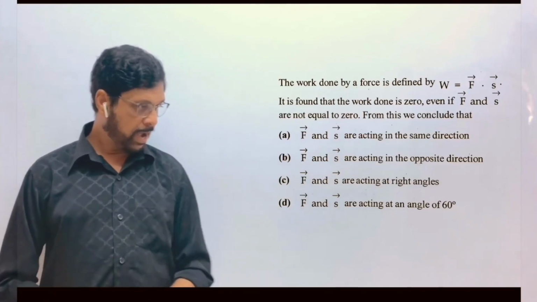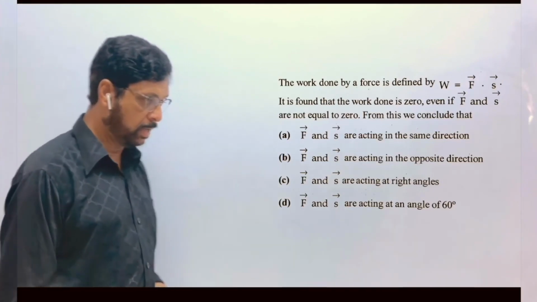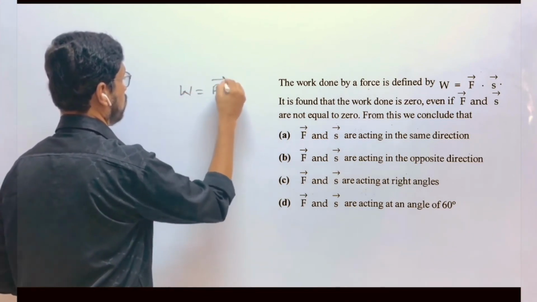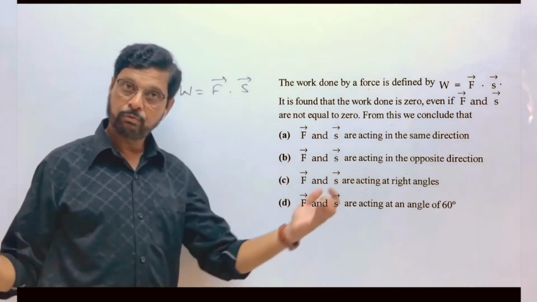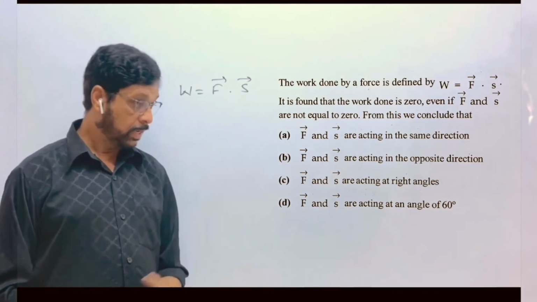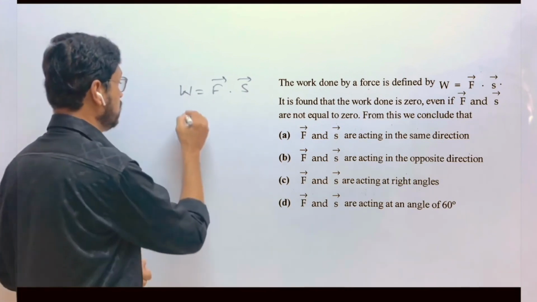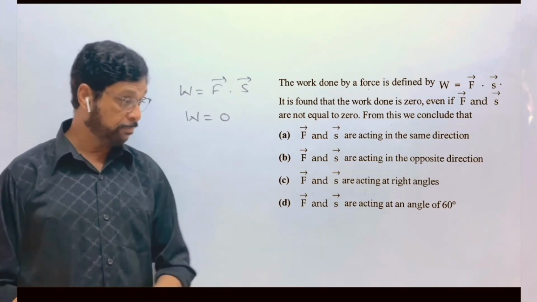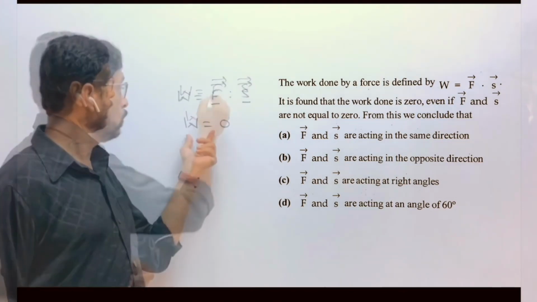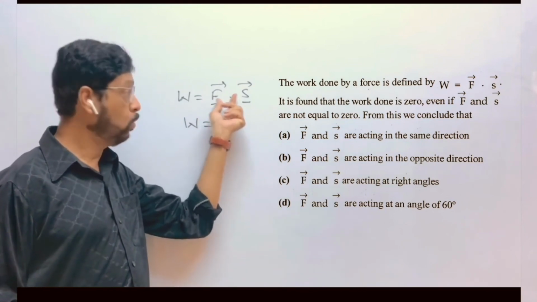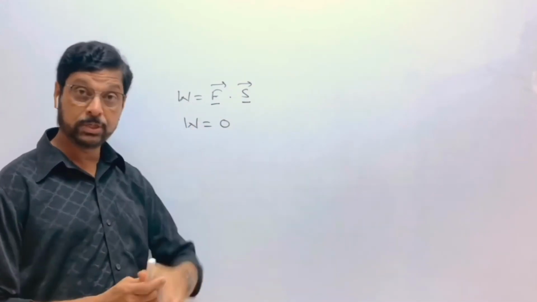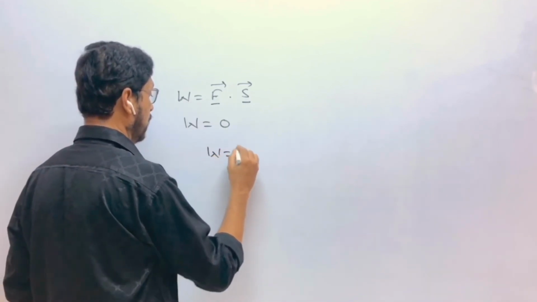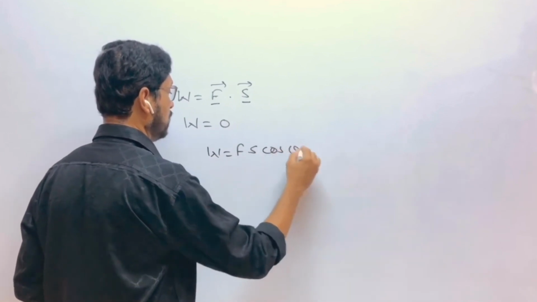The work done by a force is defined by W is equal to F dot S. We already know this. It is found that the work done is zero, even if F and S are not equal to zero. So neither F is zero nor S is zero, but W is zero. How can it happen? W is Fs cos theta.